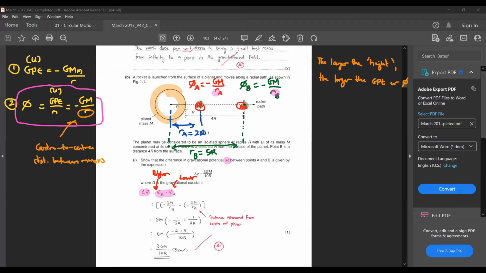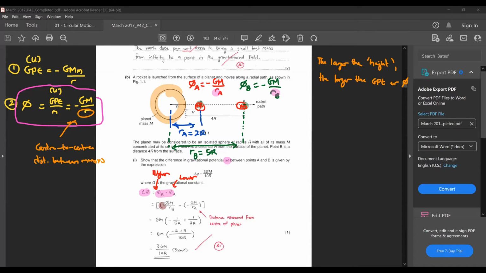Okay, so if I'm going from here to here, you can actually say that your height is kind of increasing. That's why I can say that the potential at B is higher than that at A. All right, okay, so the rest is just basically substitution and then doing algebra.